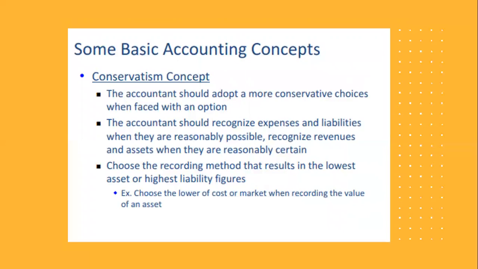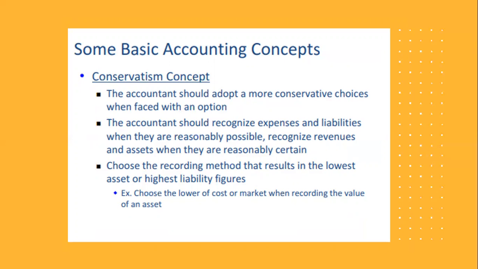So the third one, and let's talk about that one. This is the conservatism concept, and this basically says that accountants should adopt a more conservative choice when faced with an option. So accountants should recognize expenses and liabilities when they are reasonably possible, recognize revenues and assets when they are reasonably certain. So let's say there is a situation where you think that something may happen.